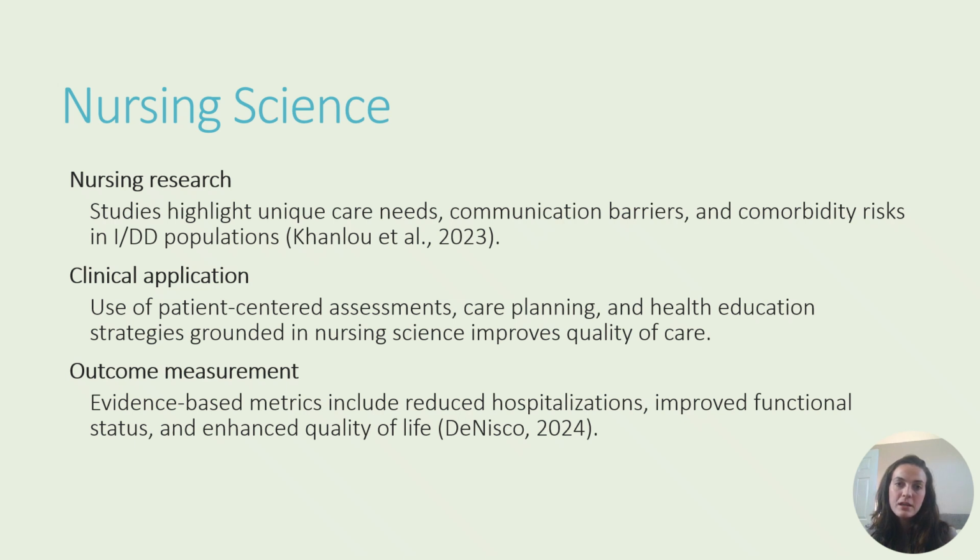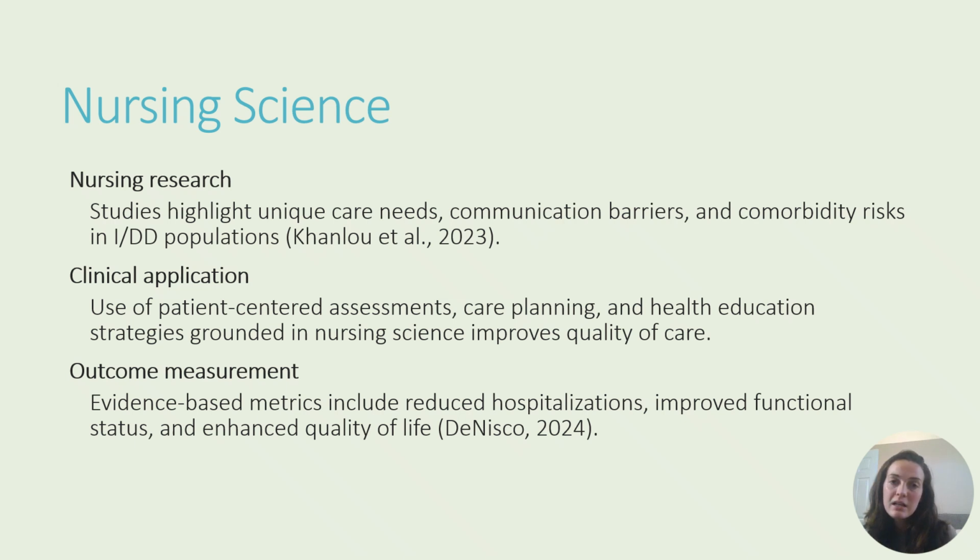Nursing science underpins all aspects of professional nursing practice. It involves systematic study, theory generation, and application of evidence to improve patient outcomes. Current nursing research highlights that individuals with IDD face unique comorbidities such as obesity, epilepsy, and behavioral health disorders, which are often managed by multiple specialists.